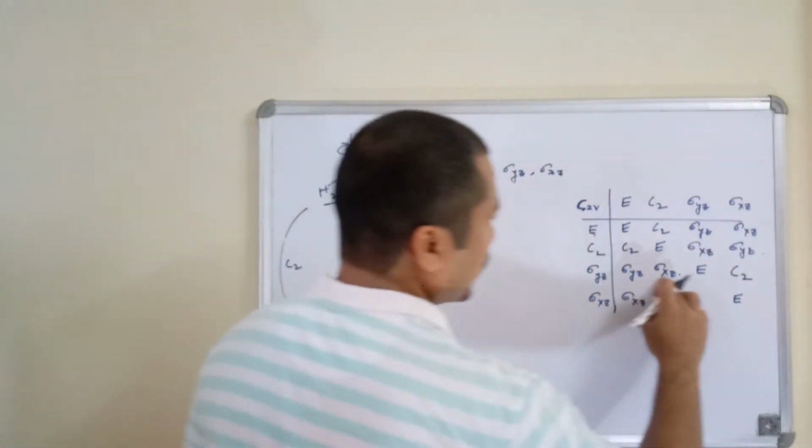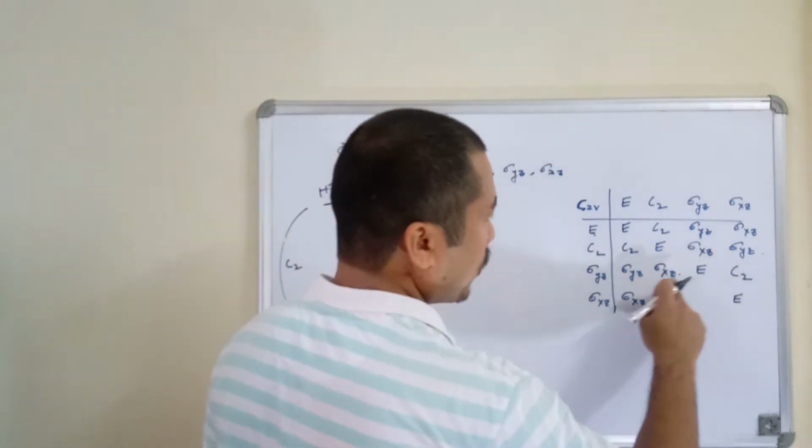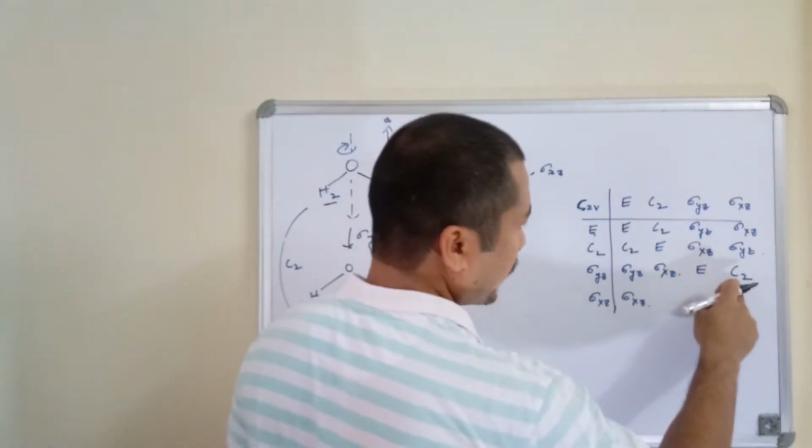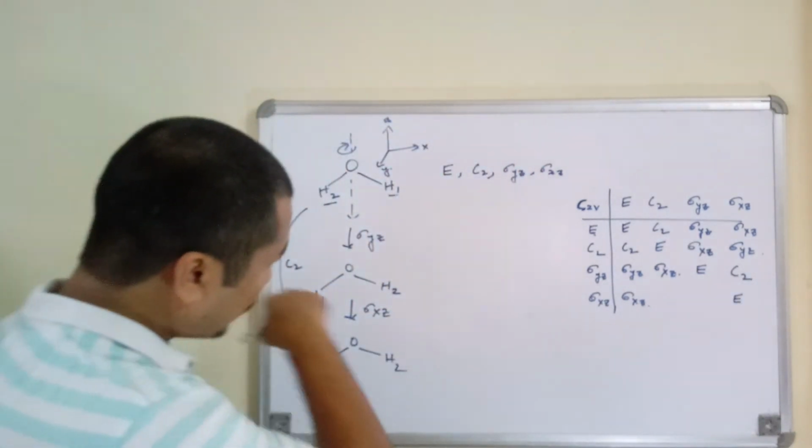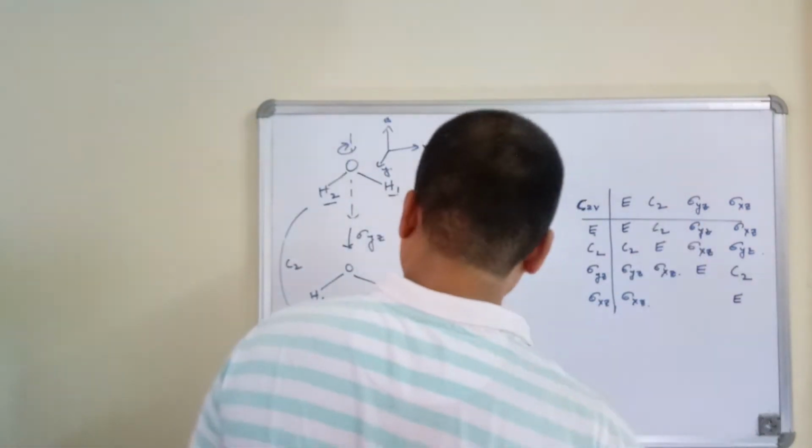Again we can see that as per the rearrangement theorem, all the symmetry operations appear only once in this row as well. Then we have to find out the product of sigma xz with C2.